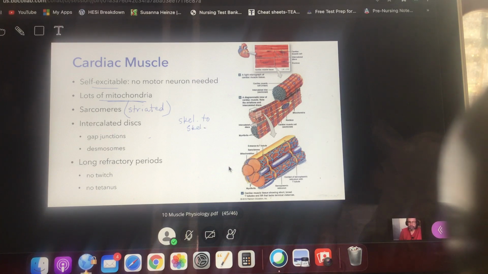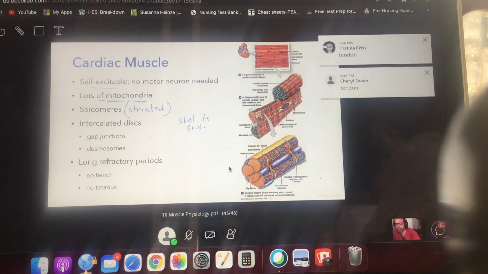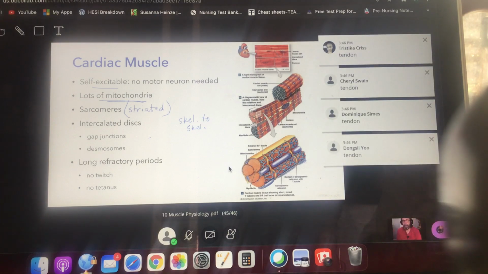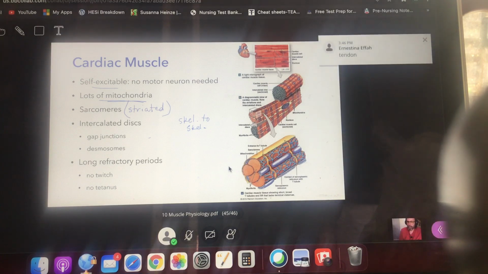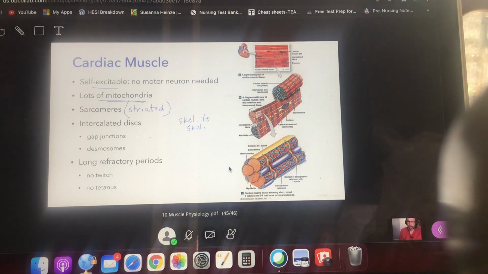What attaches a skeletal muscle to a bone? What's the structure, the organ, that attaches a muscle to a bone? A tendon, right? That's right, tendon. So skeletal muscle fibers attach to tendons. Tendons attach to bone. Skeletal, put SK. Skeletal muscle attaches to a tendon, and a tendon attaches to a bone.